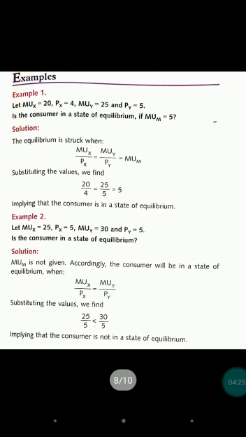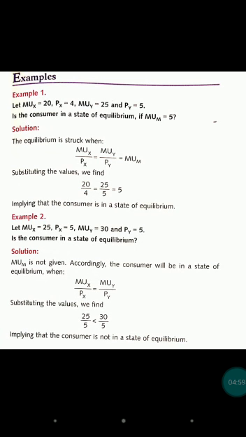Now moving further, we have examples. Example number one: let MUX, the marginal utility when consuming X, be 20, and PX, the price, be 4. The satisfaction of commodity Y, MUY, equals 25 and we are paying a price of 5 rupees. Is the consumer in a state of equilibrium if MUM, the marginal utility of money, is 5?